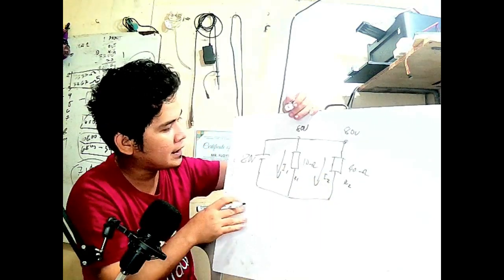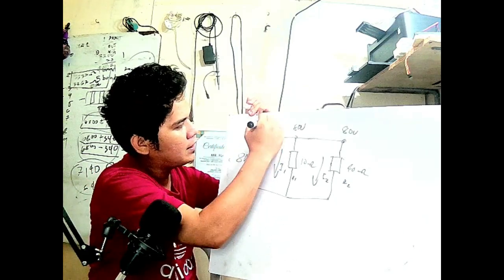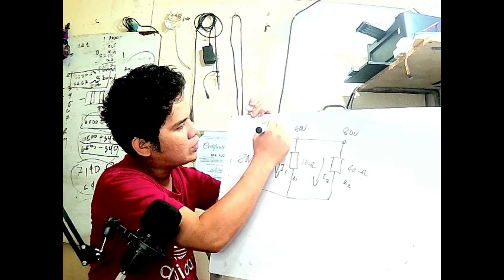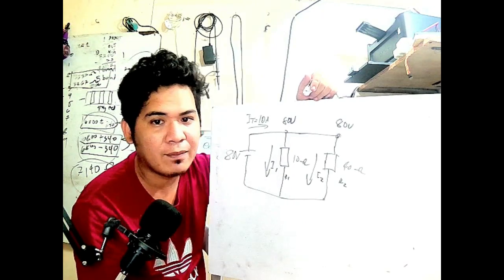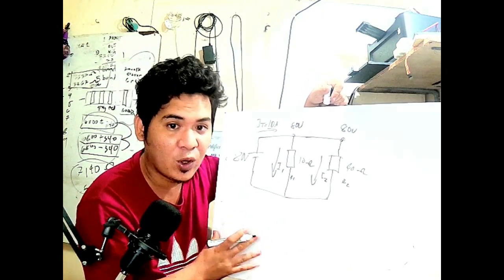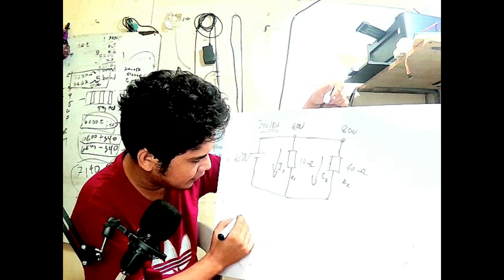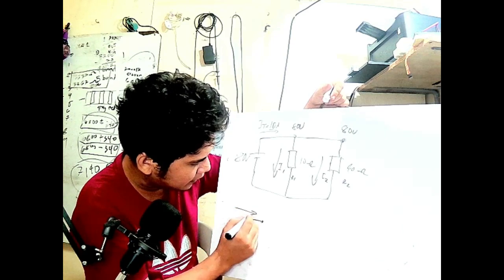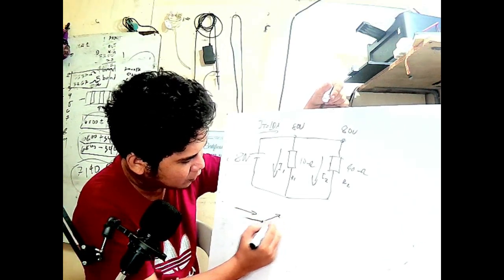Okay? Pero alam natin, yung nagpo-flow dito na current here is total I, which is IT or equals to 10 amps. So, sabi sa Kirchhoff law of current or KCL, the current enter the node must be equal to the current leaving the node.